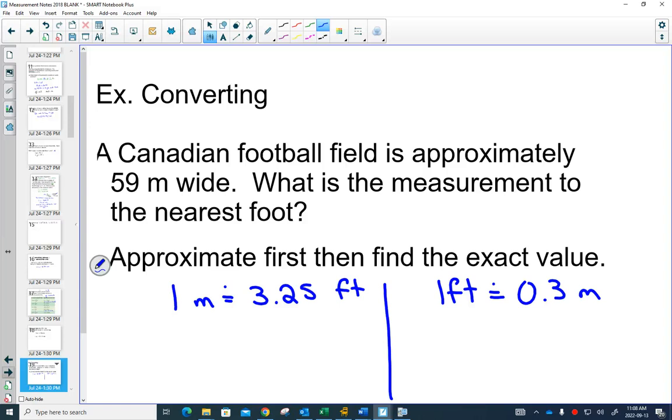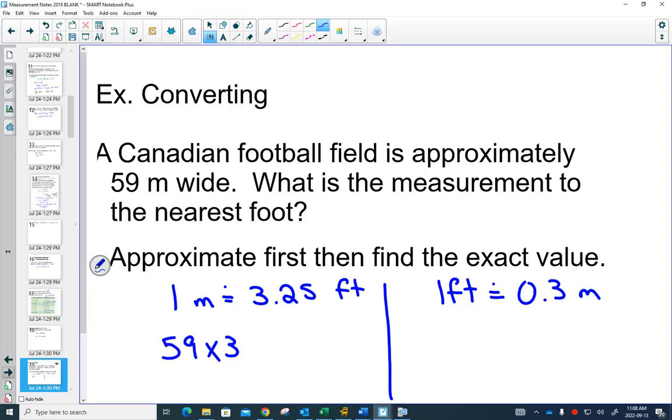Some of you will be able to decide, should I multiply or should I divide? If I have meters and I'm changing to feet, should I get more or should I get less? I should get more feet. So if I was using this number and I wanted to get more, I should multiply. Okay? So some of you are going to be very good at doing that. If you like that method, then your answer would look like this.